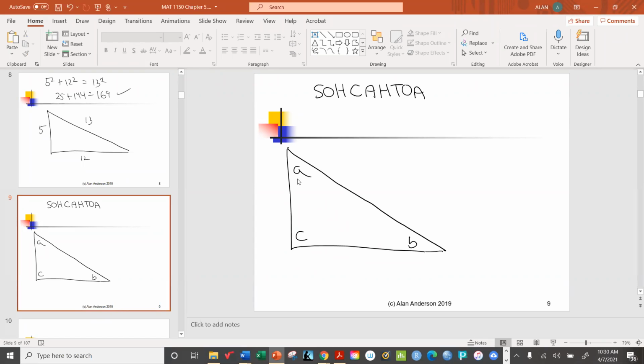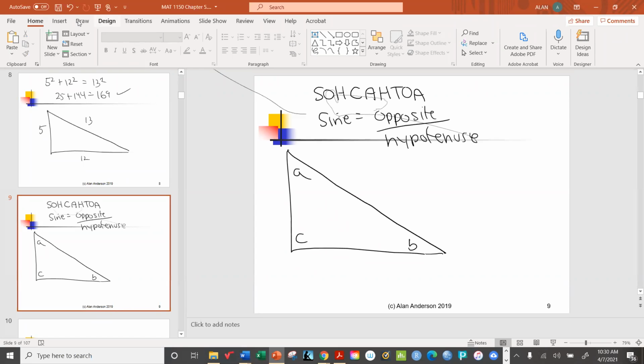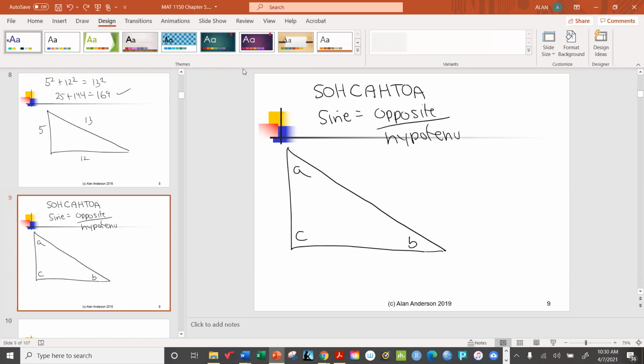Well, it's a simple way of saying that the sine equals the opposite over the hypotenuse. Therefore the O and the H. Okay, O and H. Ka means the cosine is the adjacent over the hypotenuse.